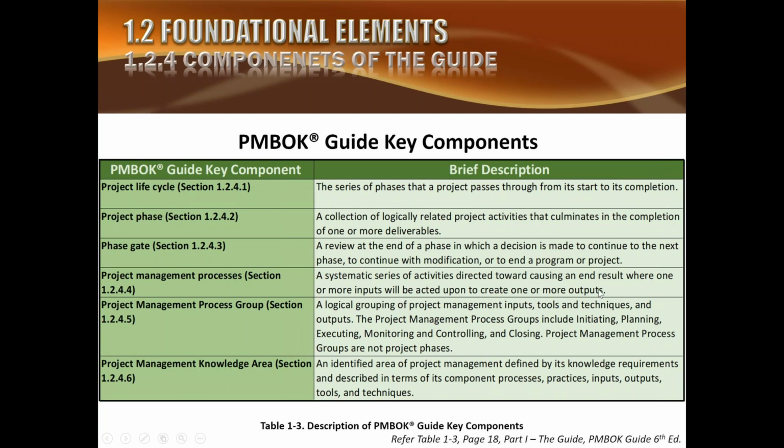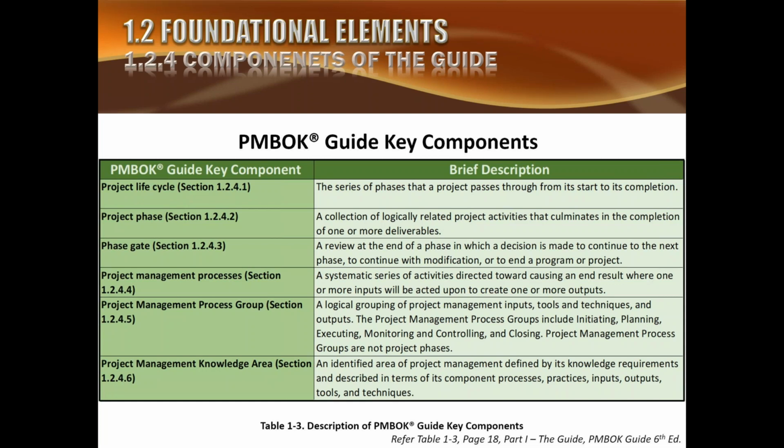So each one of these processes will have some inputs, will give out some outputs, and to transform from input to output, in between there are certain tools and techniques which can be used to do the work of that process. So there is a purpose for every process. There are certain inputs, certain outputs, and certain tools and techniques. In short, we call them ITTOs: input, tool, technique, and output.